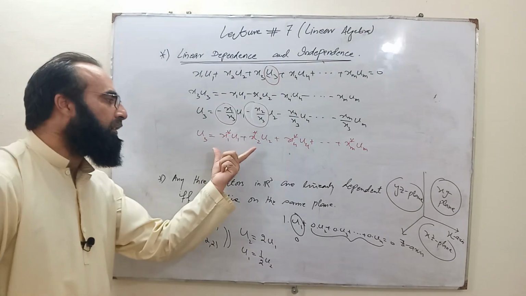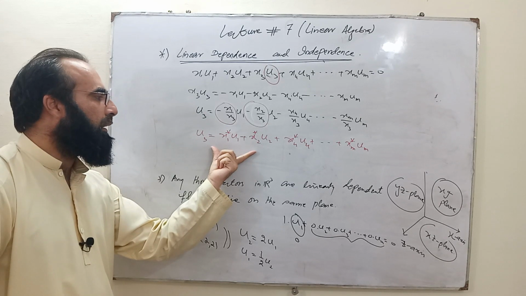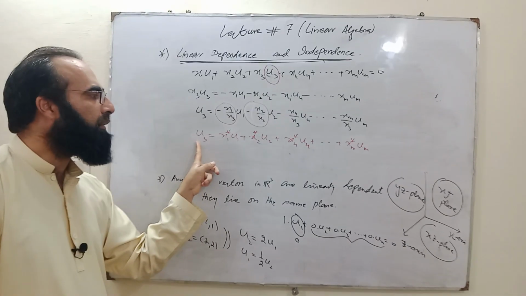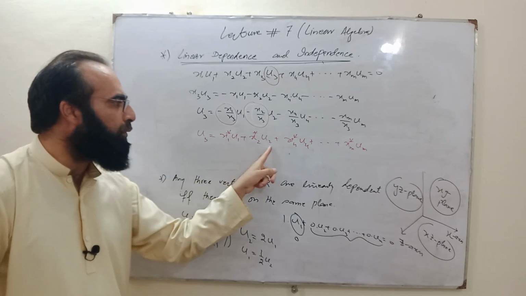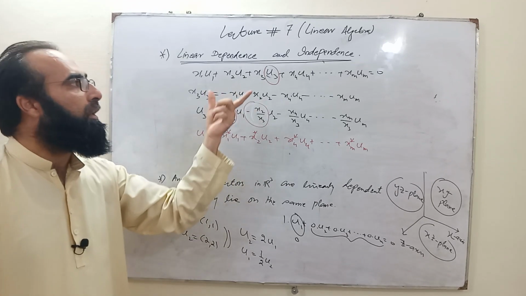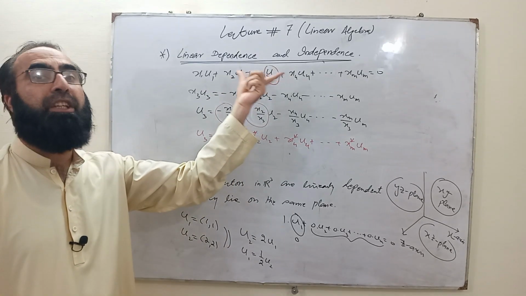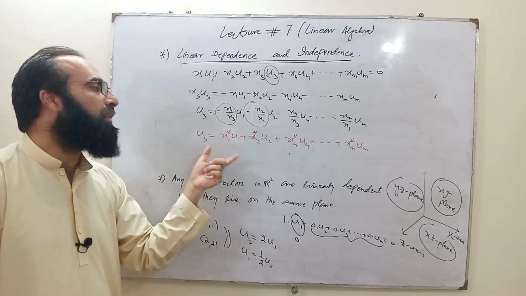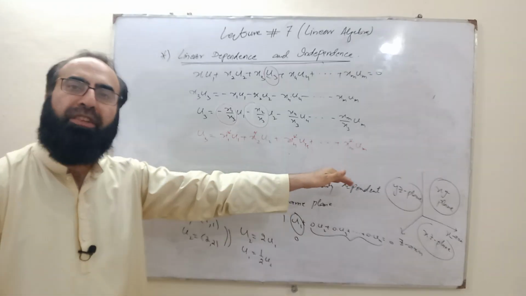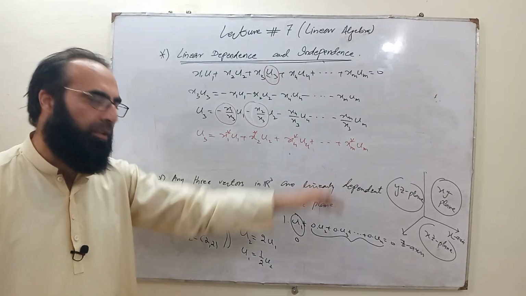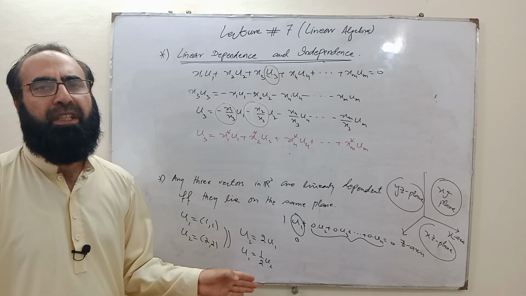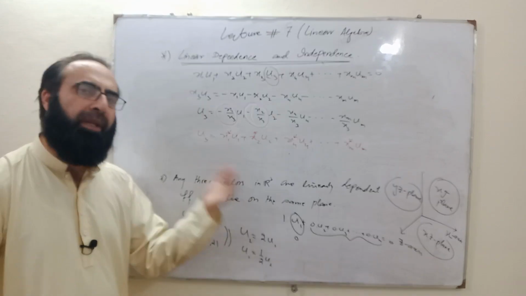So look at this new equation. This equation is basically a linear combination of u3 in terms of vectors u1, u2, u4 up to um. So this shows that if the vectors are linearly dependent, then you can write a dependent vector as a linear combination of the other vectors. So these were the main points of linearly independent and dependent vectors.